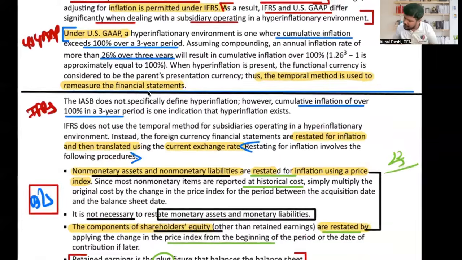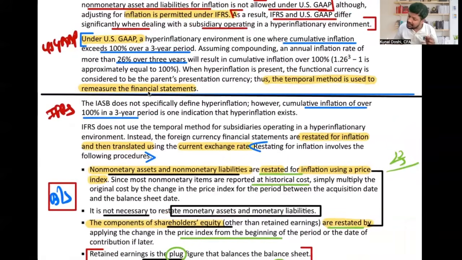Under US GAAP, the functional currency is considered to be the parent's presentation currency. Functional and presentation currency are the same. So what do we do, guys? We use the temporal method to remeasure the financial statements. All right. But in IFRS, it's slightly different.